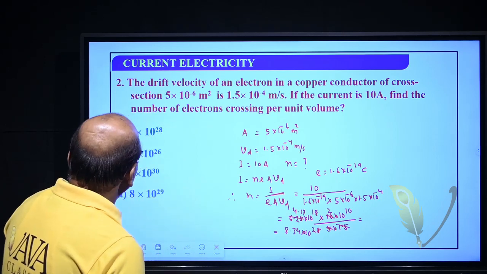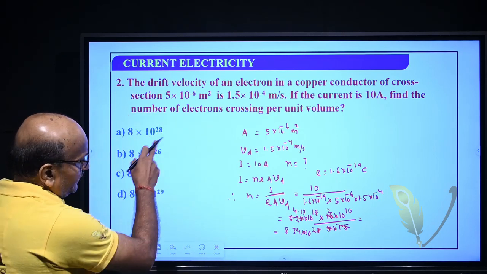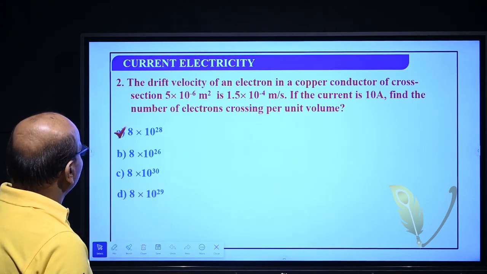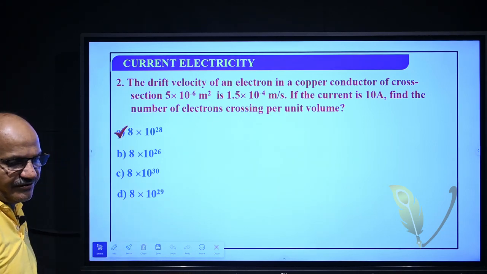So, nearly that is 8 into 10 to the power 28. So, this is the number of free electrons per unit volume. So, the correct option is 8 into 10 to the power 28.